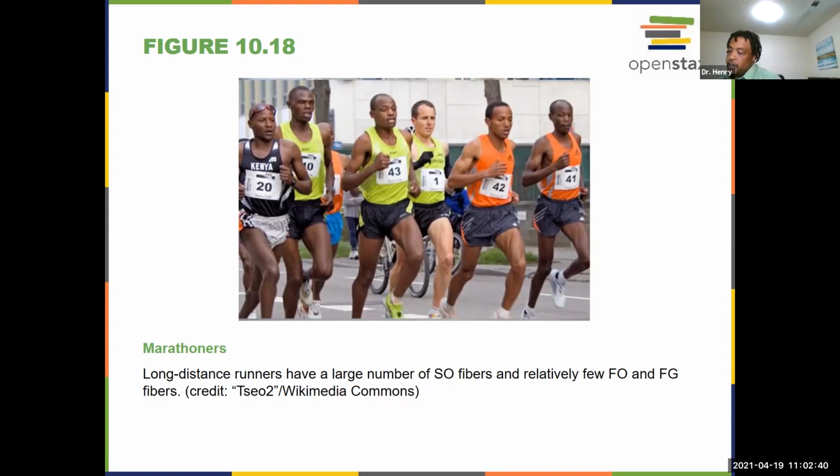In this case, since we know that oxygen is important, long distance runners basically have a larger number of slow oxidative fibers, relative to the few that are fast oxidative.